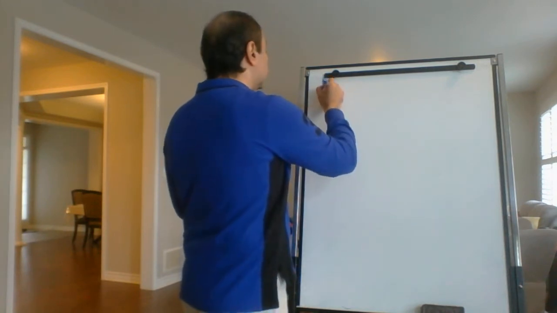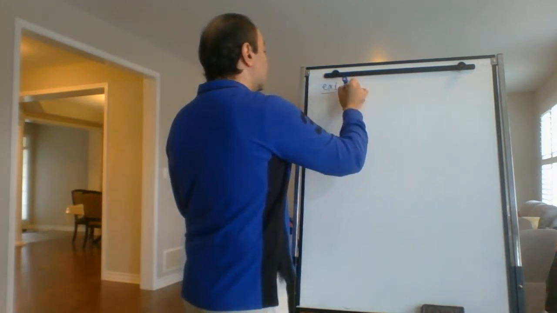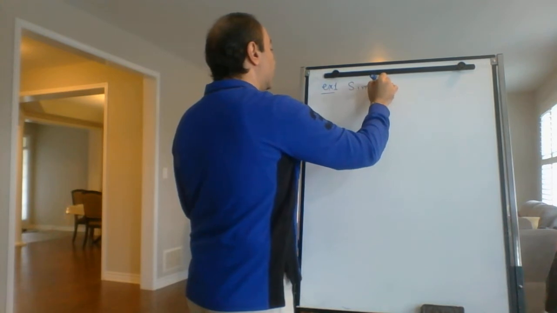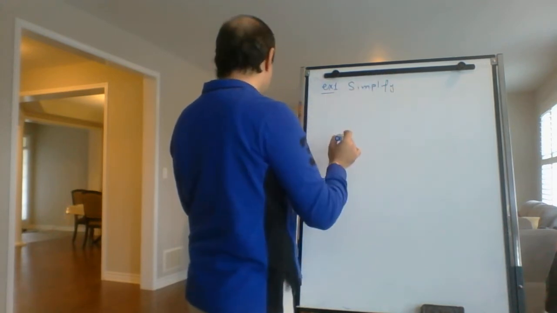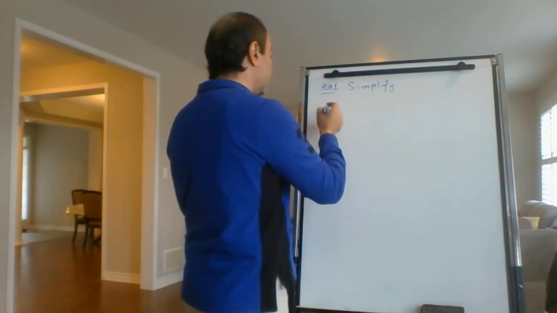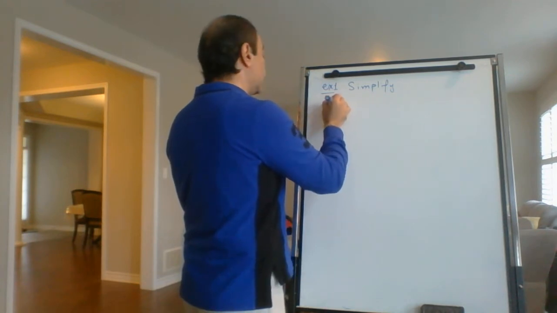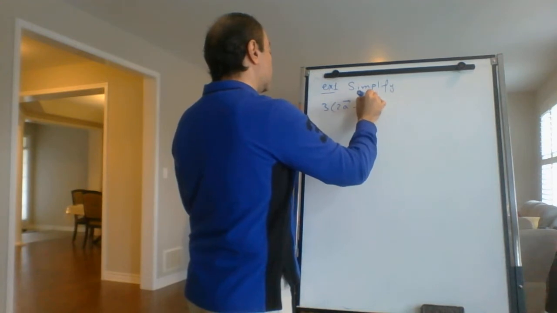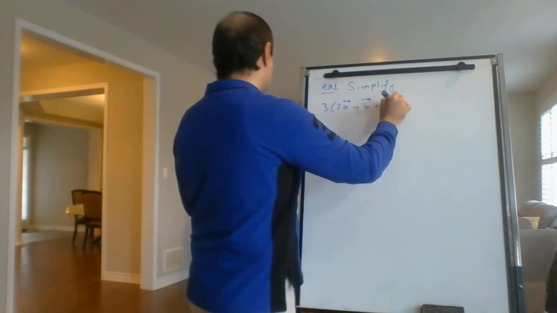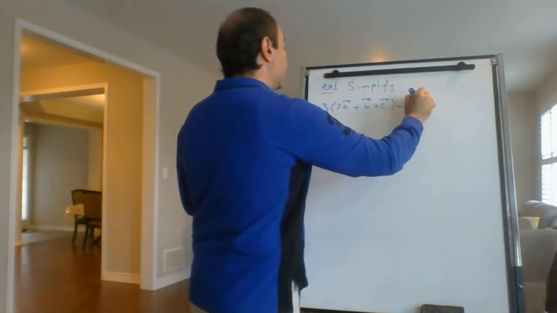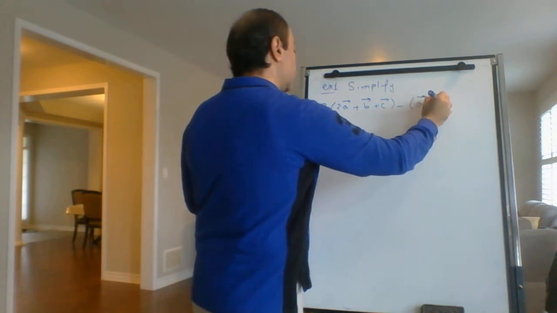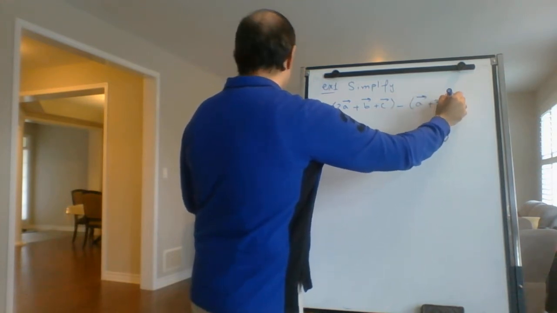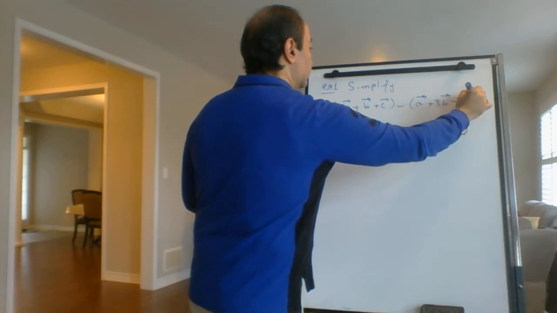Example 1. Simplify. Simplify means make it smaller, simpler. If I have 3 times (2 vector a plus b plus c) minus (vector a plus 3 vector b minus 2 vector c).